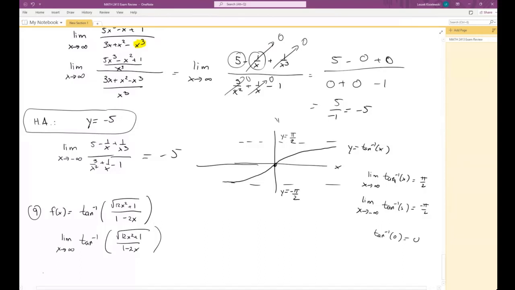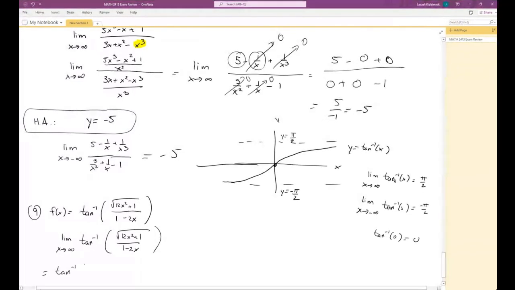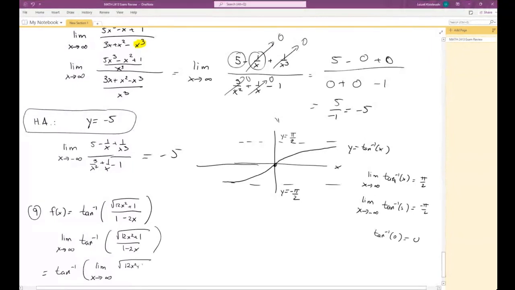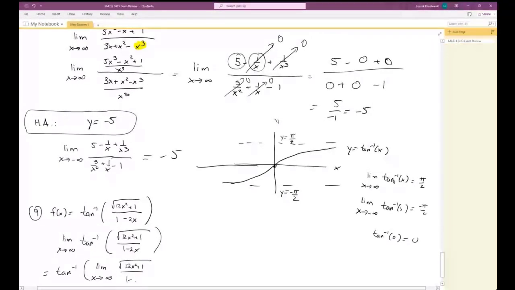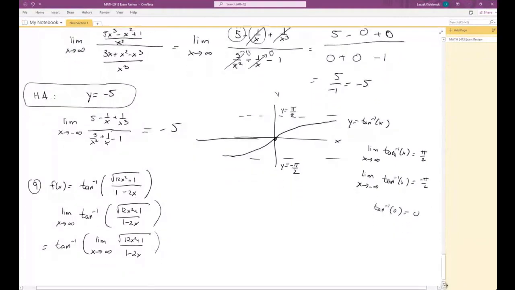So we know that one of the limit rules is that you can pull the limit statement inside. And if you get a limit on the inside, then evaluate an arctangent at that limit.